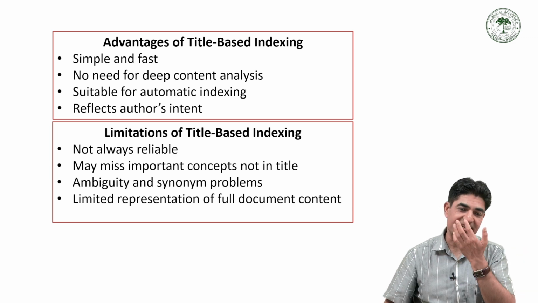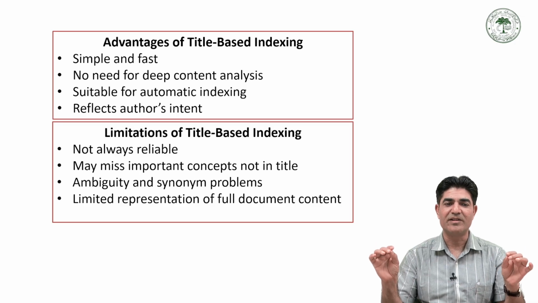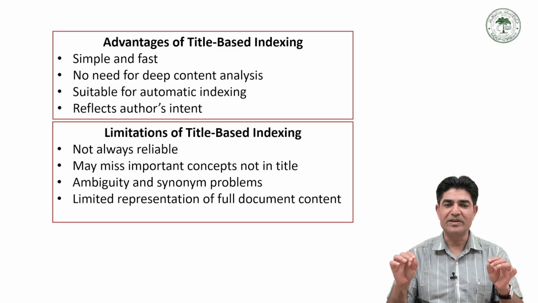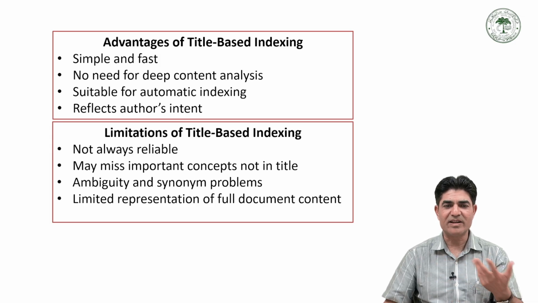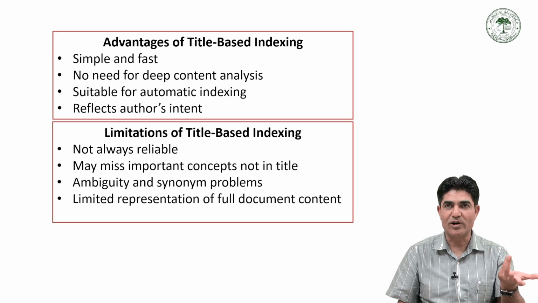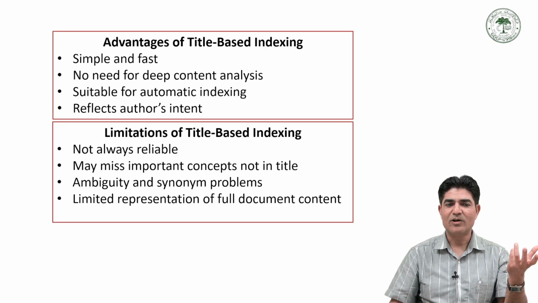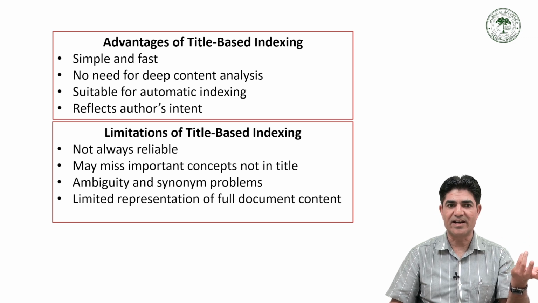In such cases, some important concepts may not be included in the indexing process. And sometimes there may be ambiguity and synonym problems because of the uncontrolled vocabulary system. And there is limited representation of full document content, because we are totally reliant on the words of the title, so complete representation is not possible.